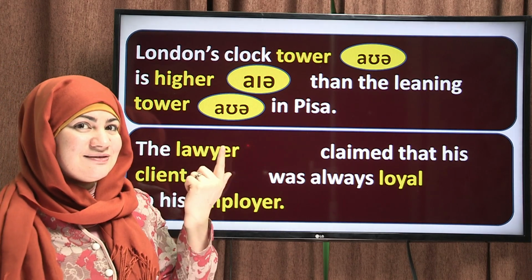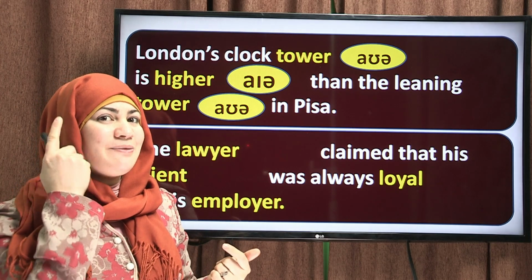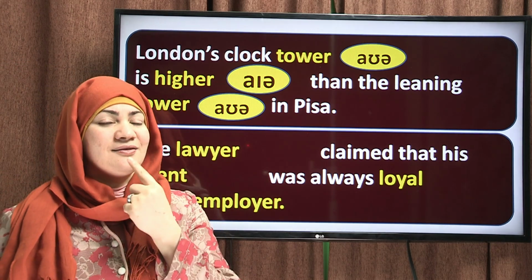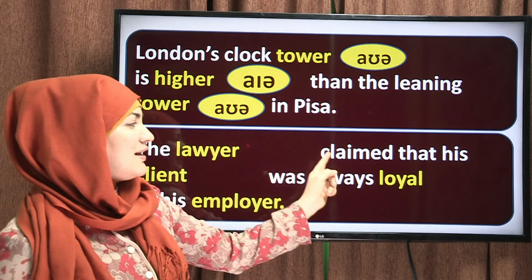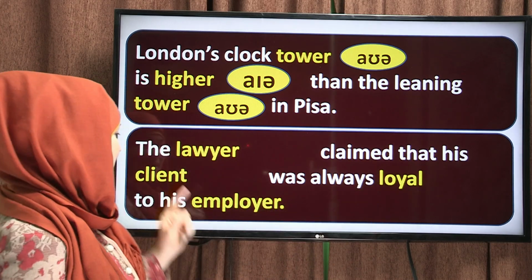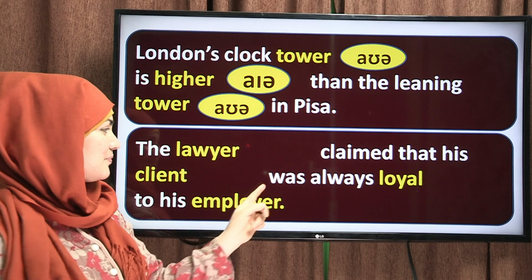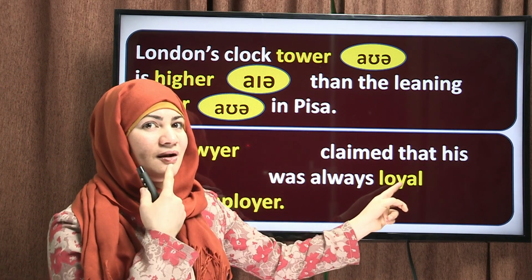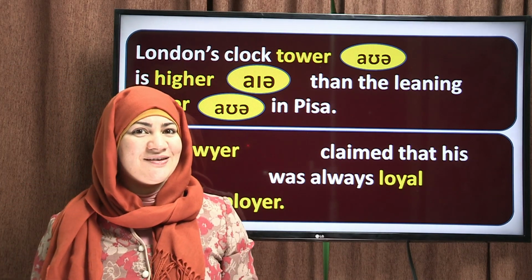You listen and you choose the correct triphthong. Let's listen together. The lawyer. Lawyer. The lawyer claimed that his client was always loyal to his employer.